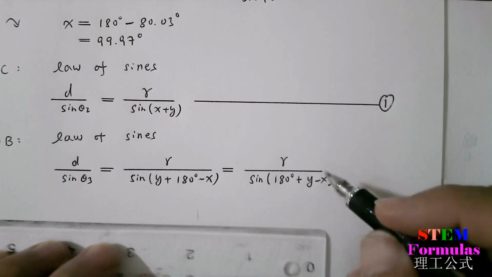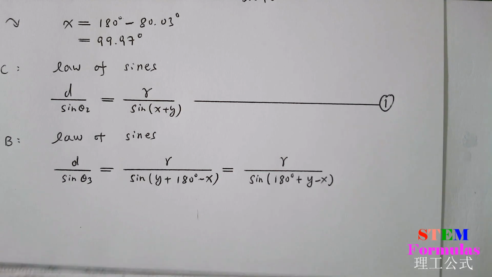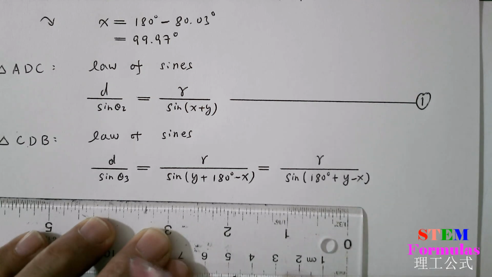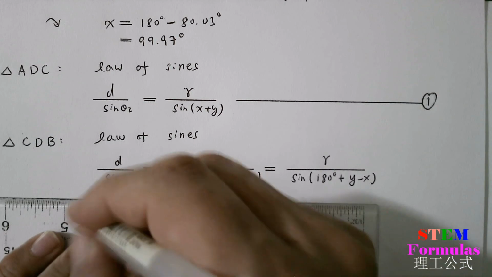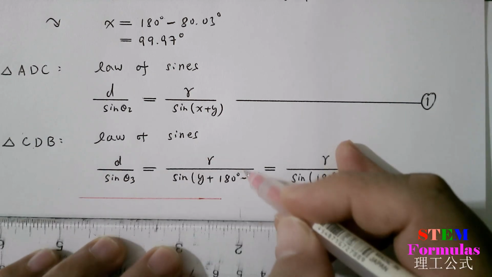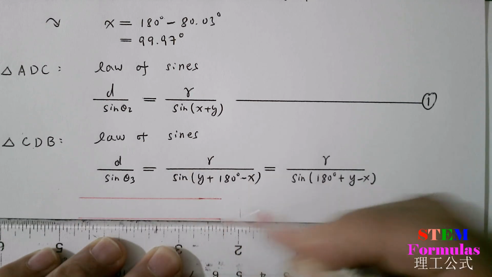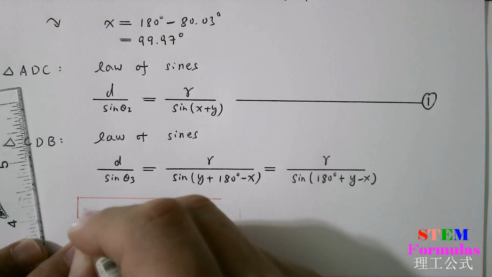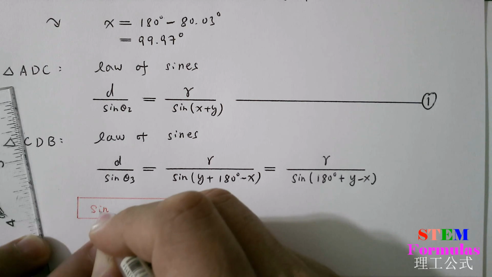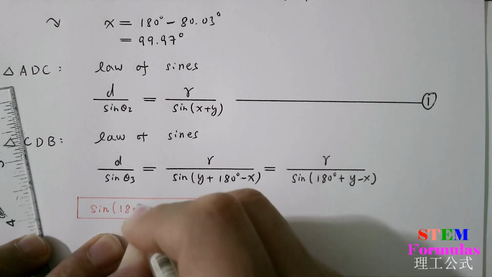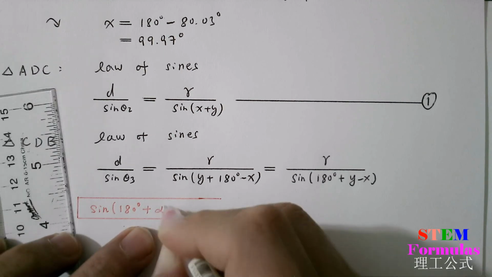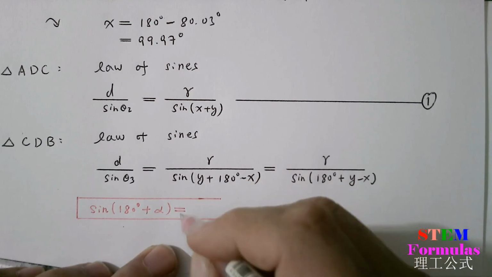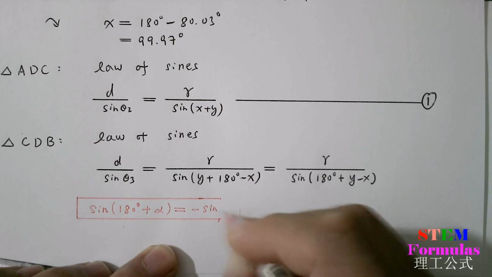Now I use one formula, a trigonometry identity: sine of 180 degrees plus any angle alpha equal minus sine alpha.